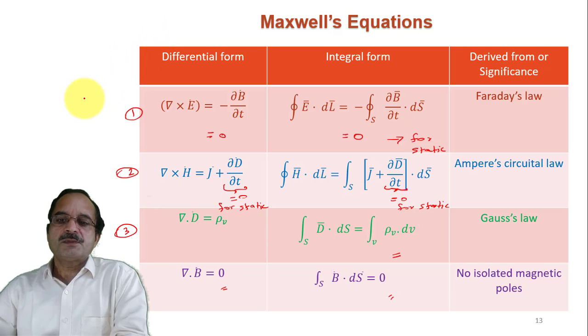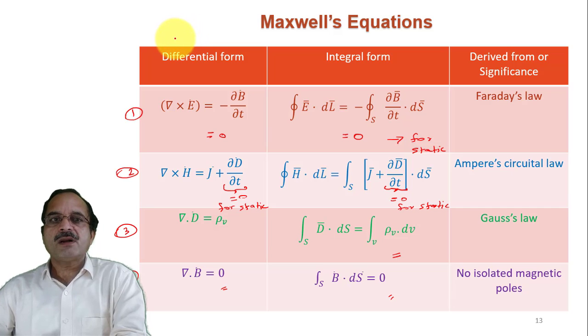Now for specific applications, these equations can be modified by applying the particular conditions. So if we consider the example of free space, there are no sources. So in that case, the current density will be 0 as well as volume charge density will be 0 in case of free space.